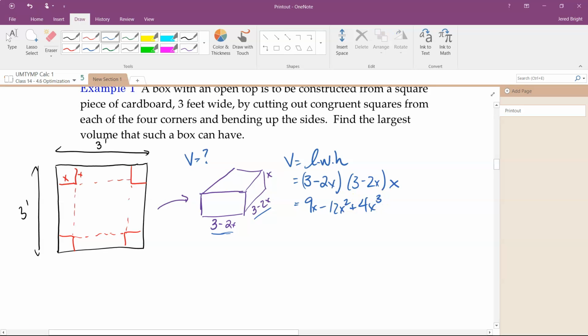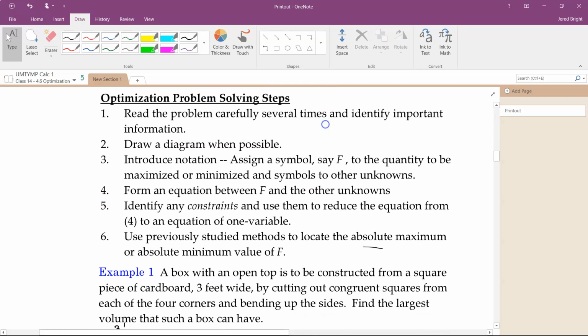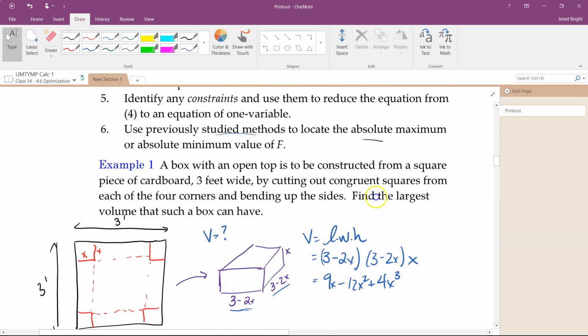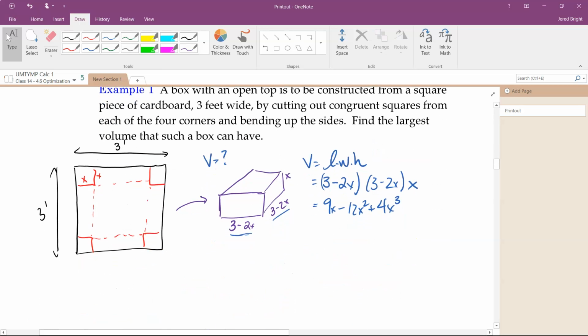With this, I'm ready to use previous methods to locate the absolute mins and maxes. Before I go forward, it might be useful to identify whether I am on a closed interval or an open interval. So if I think about x, what values can x take on?